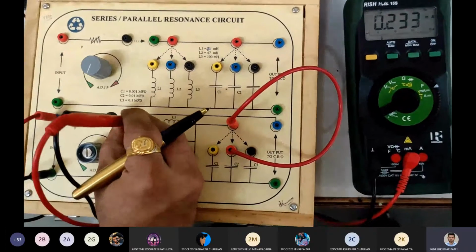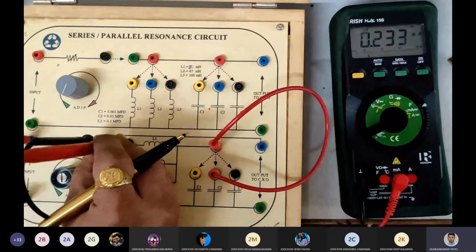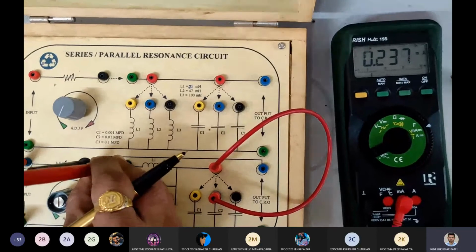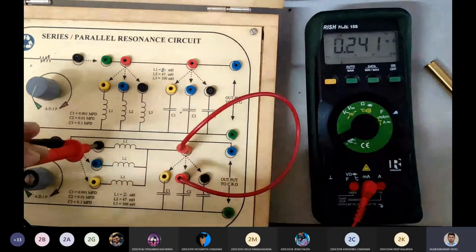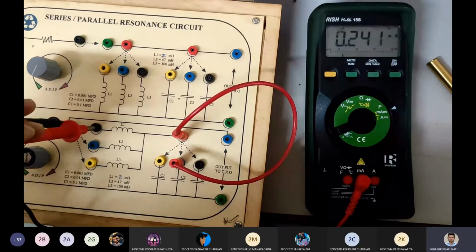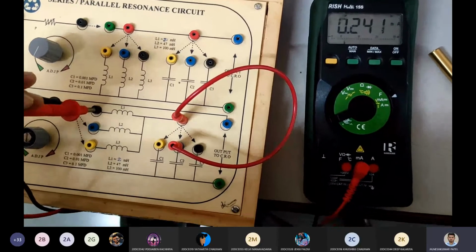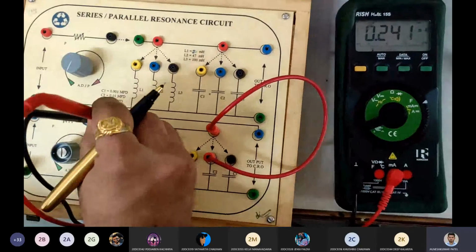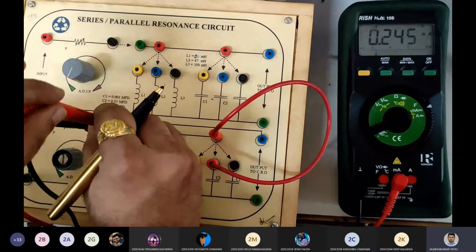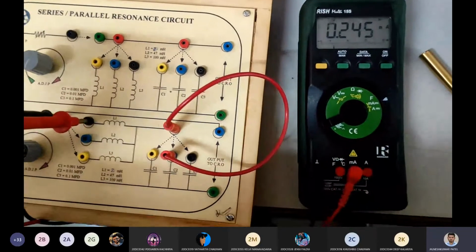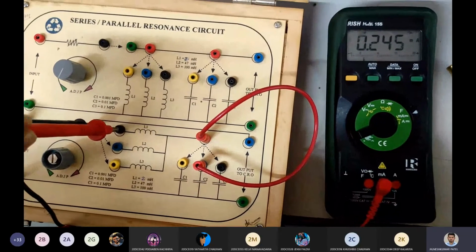Again we increase the frequency to 32, and it is 241 milliampere. At 33 it is 245 milliampere.